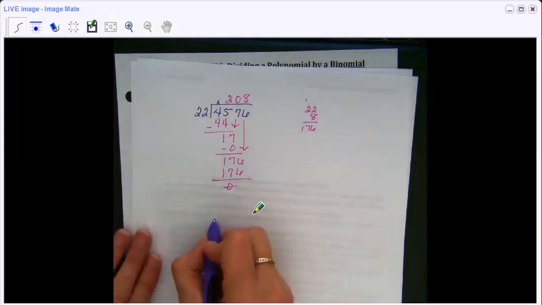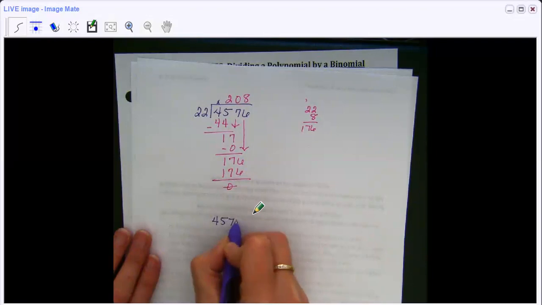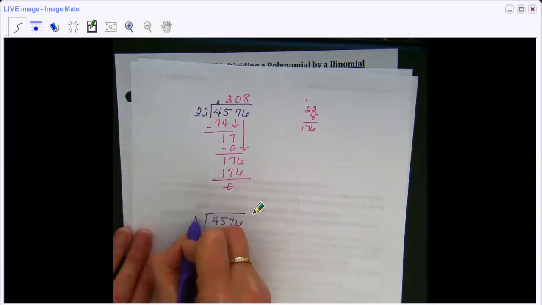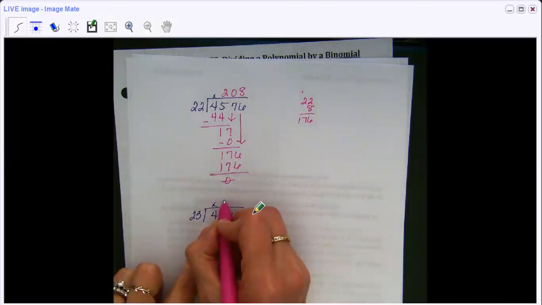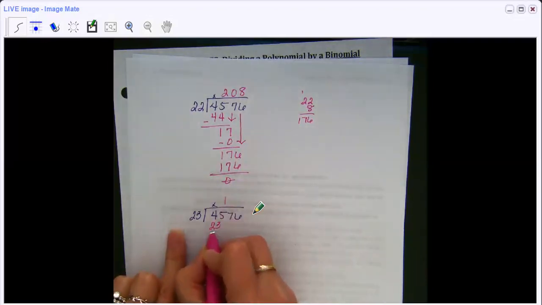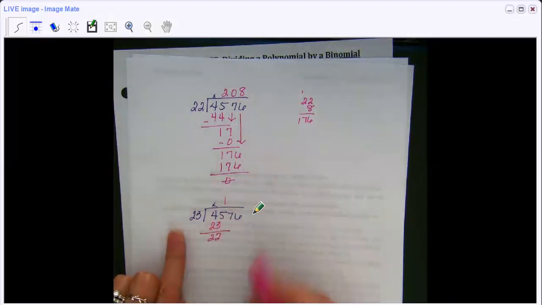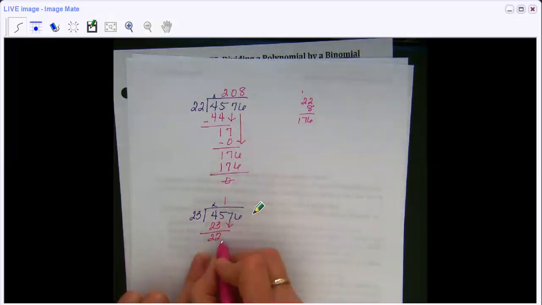Okay. Now, what happens though if I would have divided by 23? Let's try 23. 23 can't go into 4, so we're not going to even put a number above 4. 23 goes into 45 1 time, and we have 22 left over, so I'm going to bring down the 7.